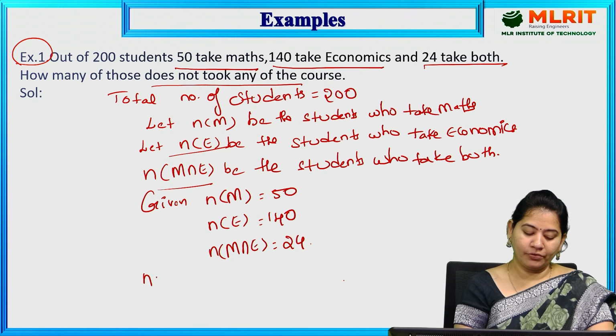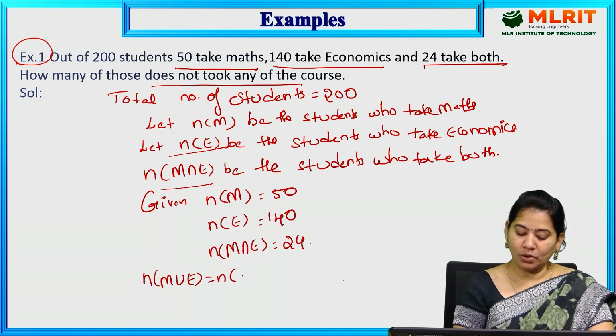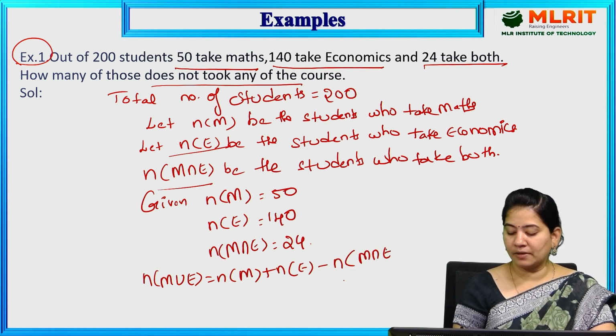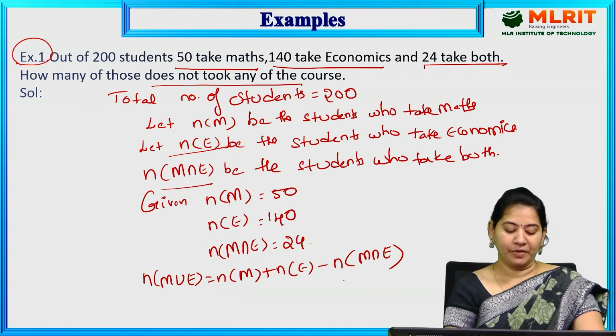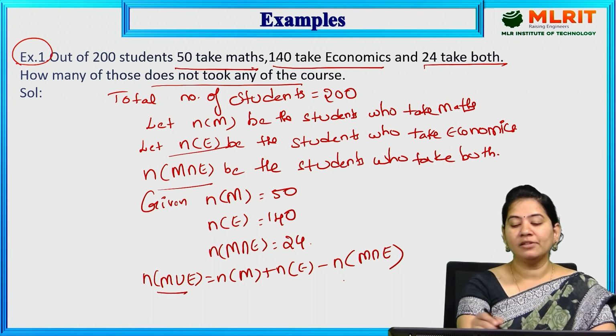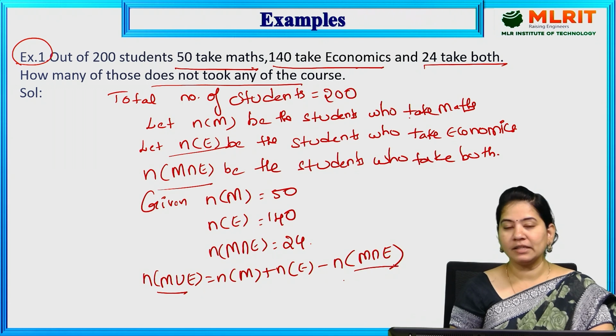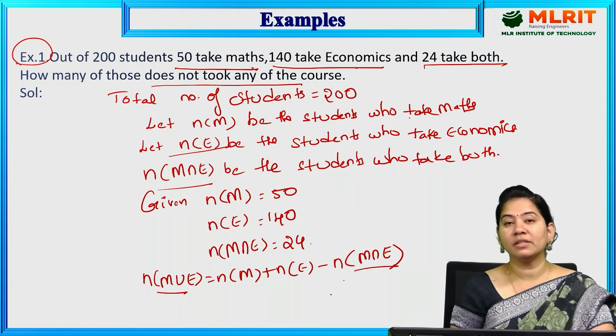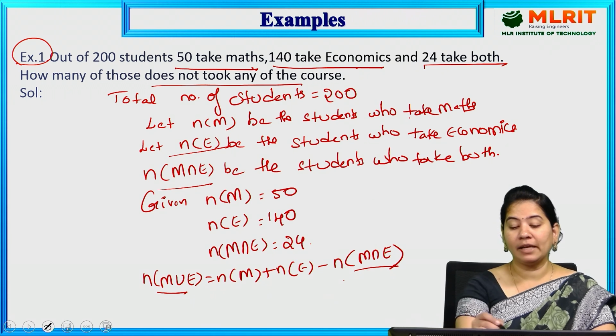If you go for the formula, n of M union E is equal to n of M plus n of E minus n of M intersection E. This union is nothing but those who took either maths or economics, and the intersection is those who are taking both, the common ones.